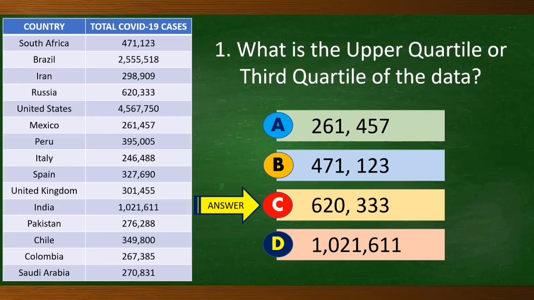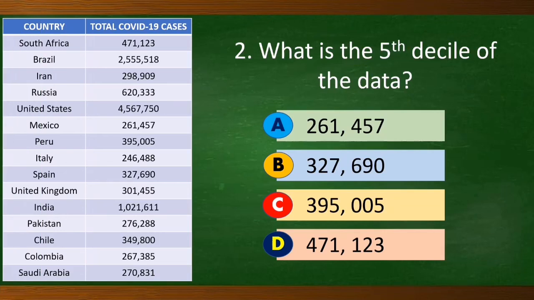The answer is letter C, 620,333. Item number 2. What is the fifth decile of the data? What is your answer? Very good. The answer is letter B, 327,690.